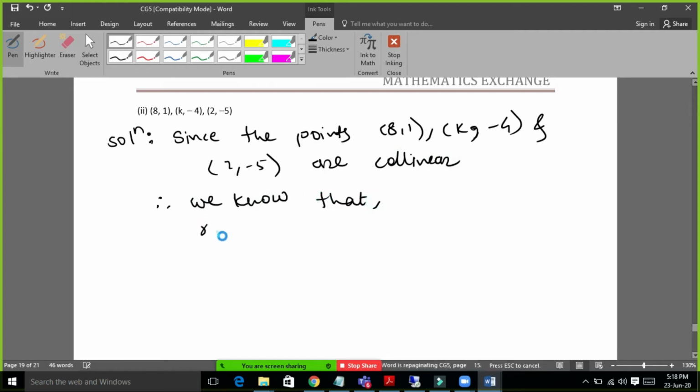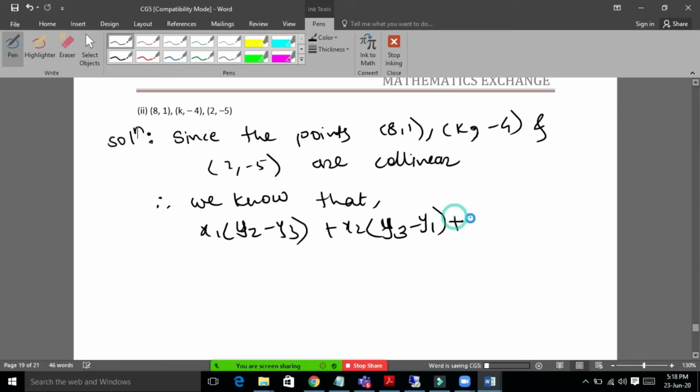So we know that x1 into (y2 minus y3) plus x2 into (y3 minus y1) plus x3 into (y1 minus y2) is equal to 0. So this is the condition of collinearity.